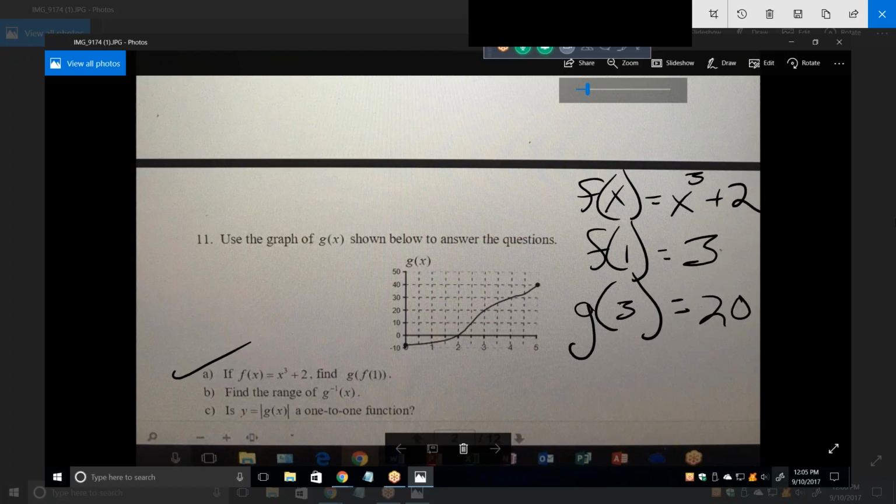That one's done. What's the range? Oh man, I cannot believe how difficult they make these. Find the range of g inverse of x. Okay, first of all, this is g of x. What's g inverse of x look like?